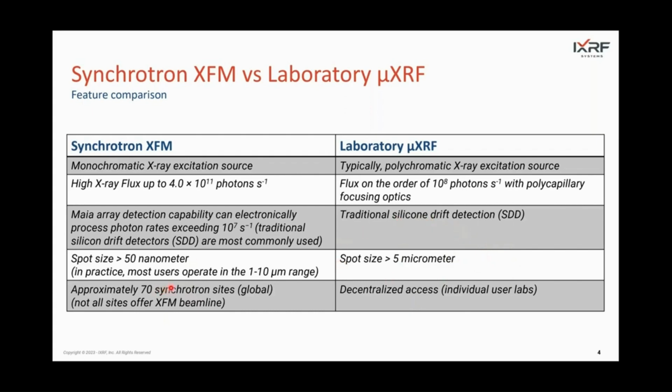And finally, accessibility is a major difference between centralized synchrotrons and lab-based systems. Everyone attending this webinar can appreciate the importance of immediate access to analysis tools and the constant need to pivot in science as new ideas and hypotheses present themselves.